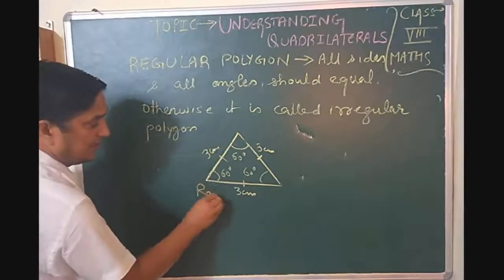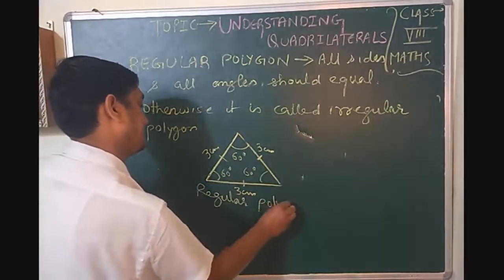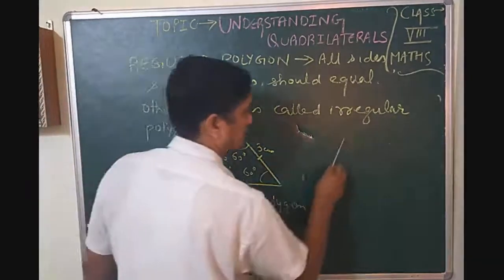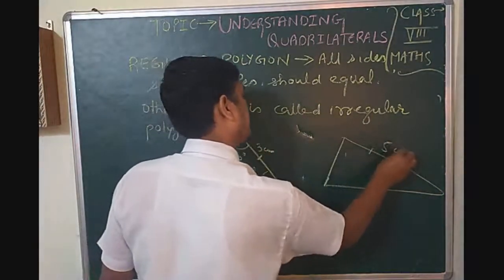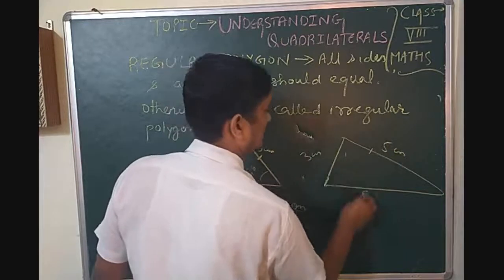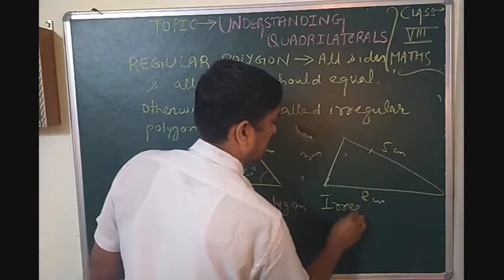This is a regular polygon, and I am drawing a scalene triangle, 5 centimeter, 3 centimeter, 8 centimeter. This is an irregular polygon.